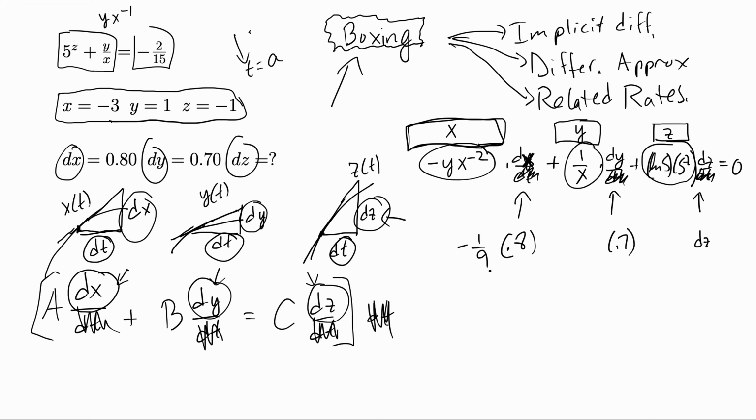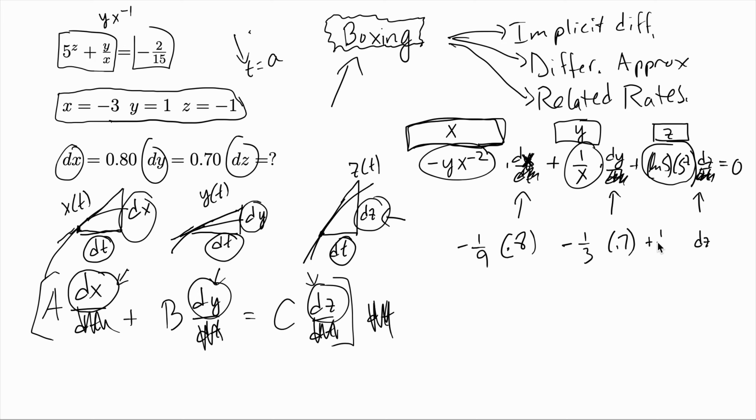So -1/9. Then 1 over x, that's -1/3 right there. And then this ln of 5 to the z. So 5 to the z is a fifth. So it's a fifth times ln of 5, or ln of fifth root 5, or however you want to think about it, using the properties of logs, but maybe I'll just write it this way.